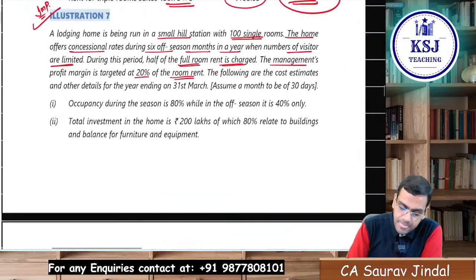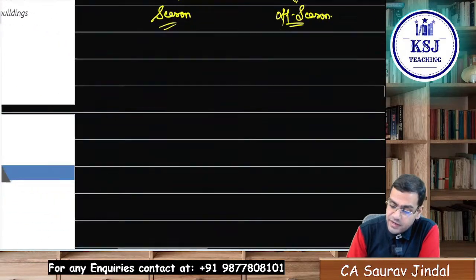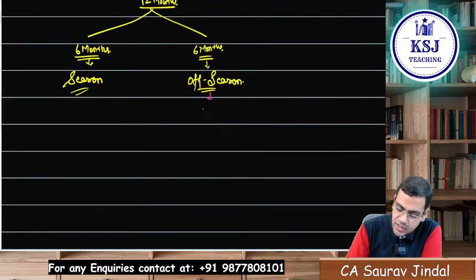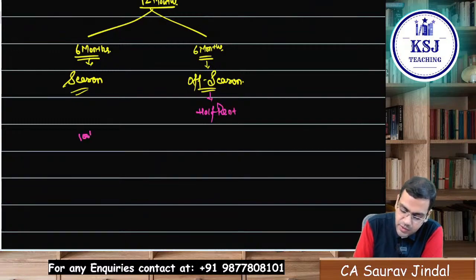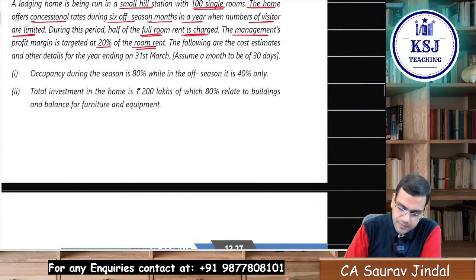Now during the off season, they are charging half rent. That means if they are charging 100 rupees during the season, during the off season they will be charging half rent, that is 50 rupees.